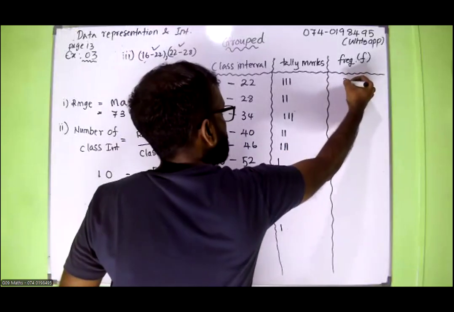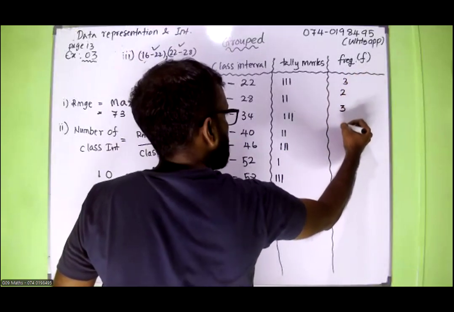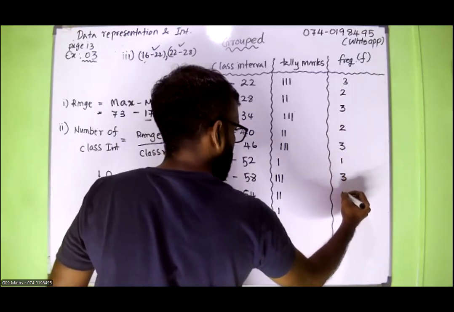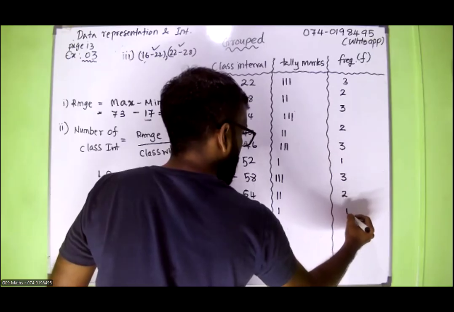So the frequencies are 3, 2, 3, 2, 3, 1, 3, 2, 1, 1.